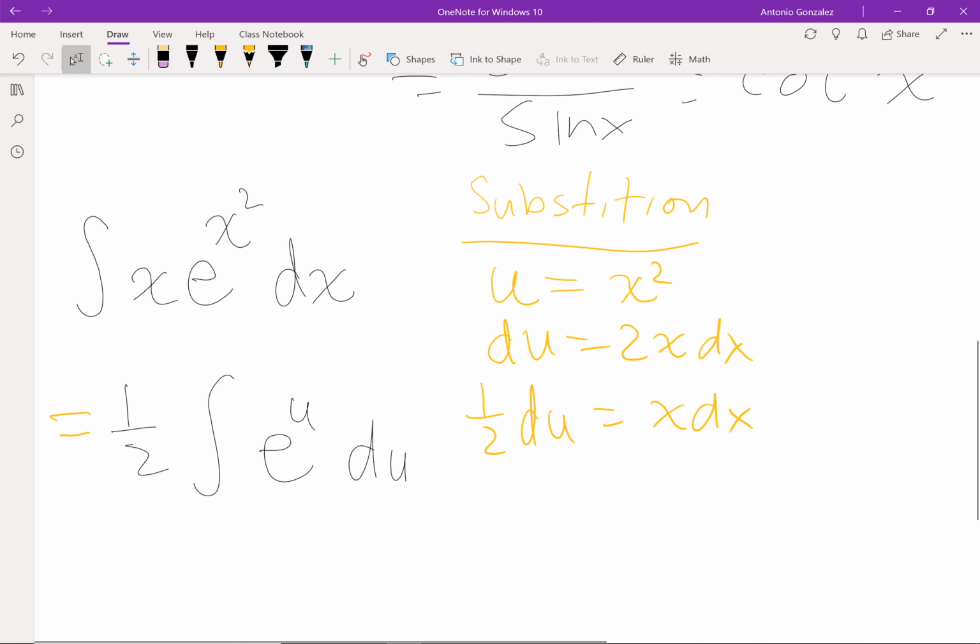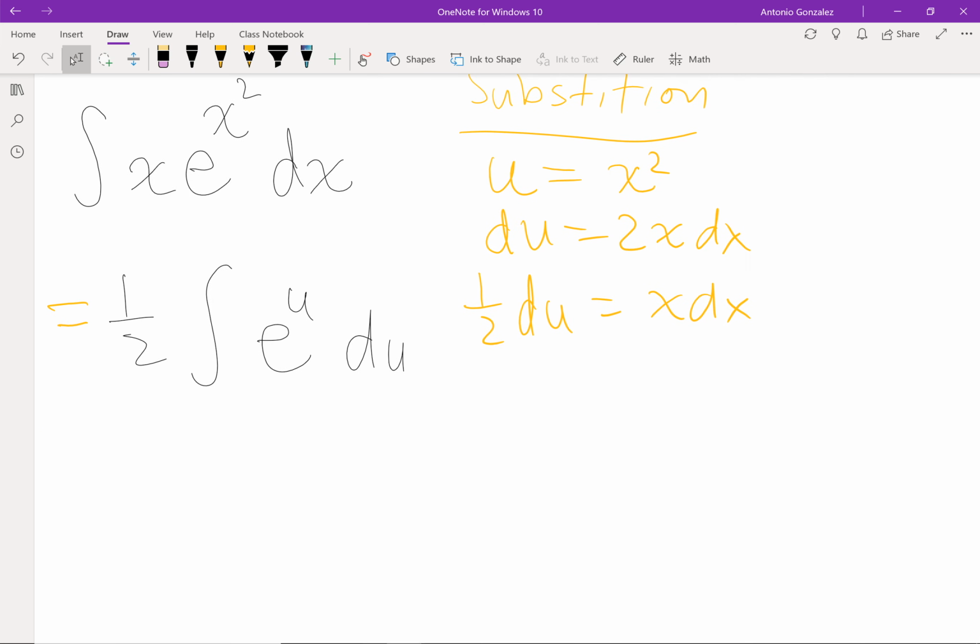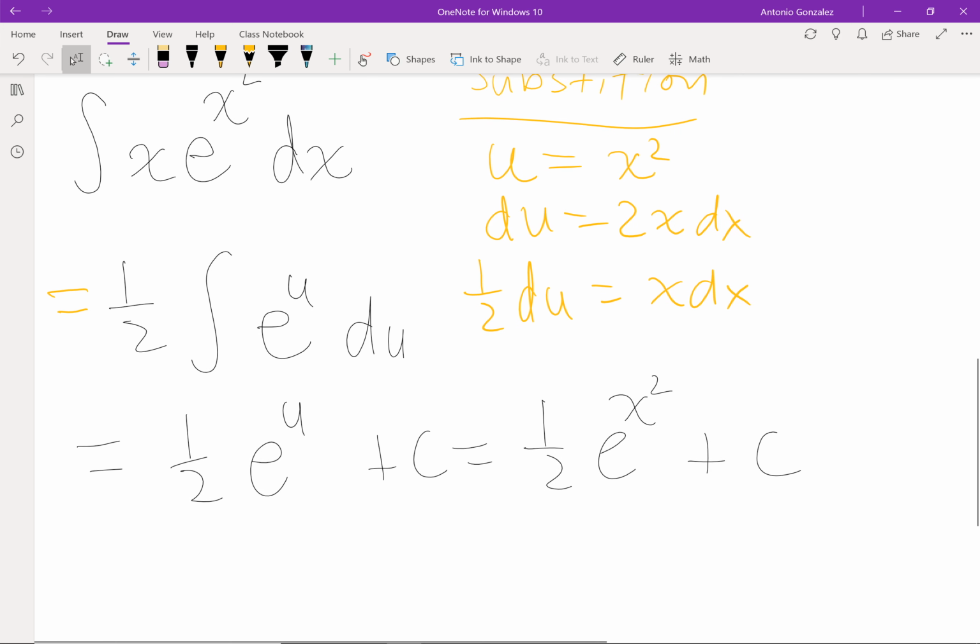And now it's our basic form, right? The integral of e to the u is just e to the u. Don't forget the plus C. And then substitute back our variable in terms of x.